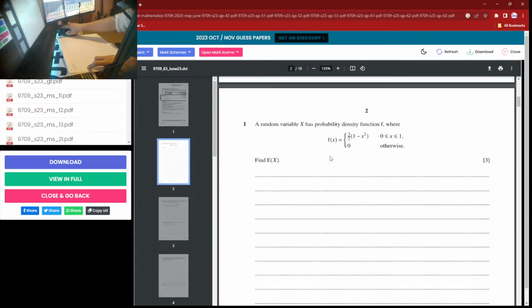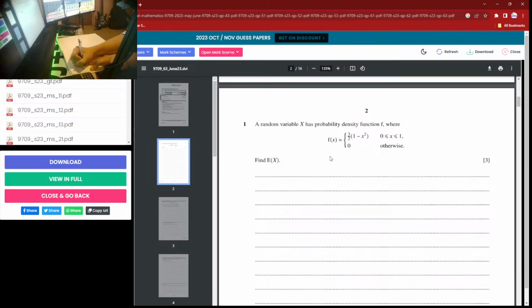So for the first question, find E(X). So E(X) is just x times the equation. We can take the 3 over 2 out. 3 over 2, integration from 0 to 1, x times 1 minus x squared dx. We will get 3 over 2 integration of x minus x cubed with limits 1 and 0.